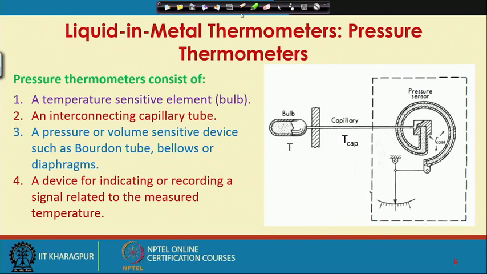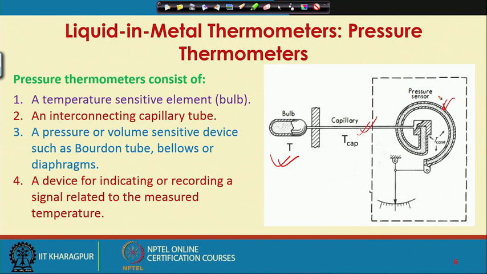So, once again you have the bulb. The bulb is receiving thermal energy, you have this capillary, and at the other end of the capillary a Bourdon tube is attached.